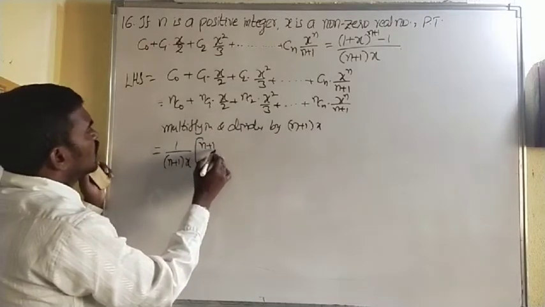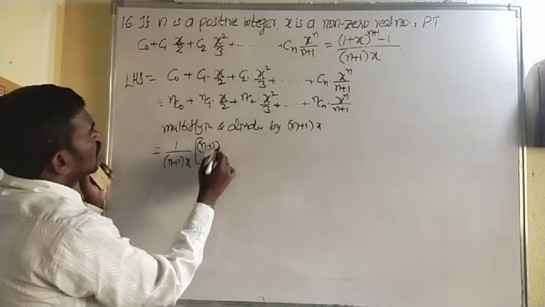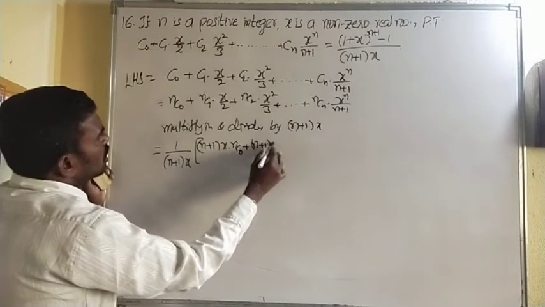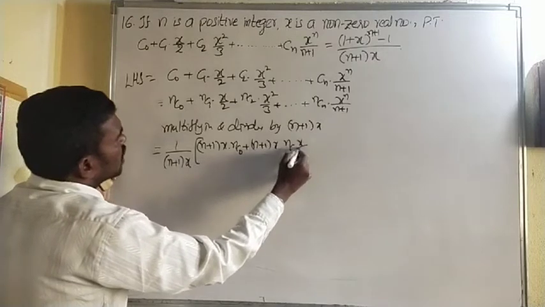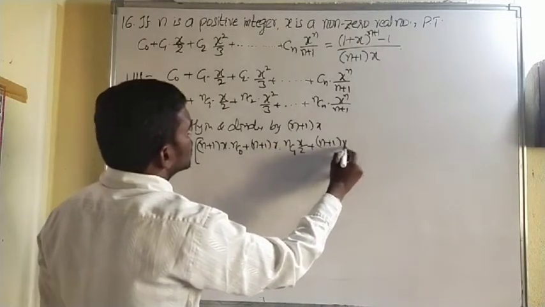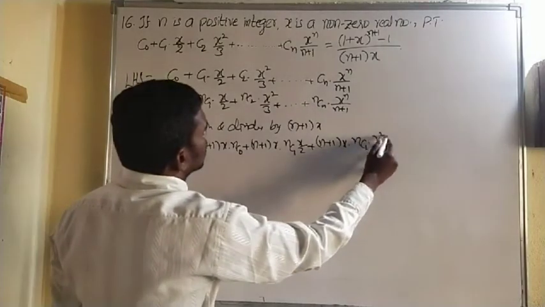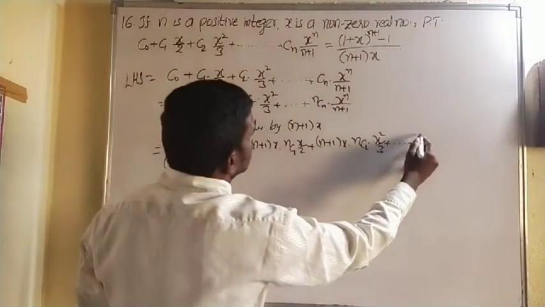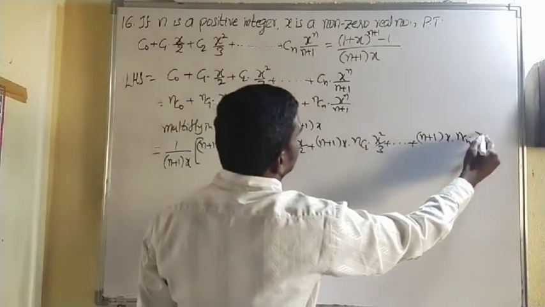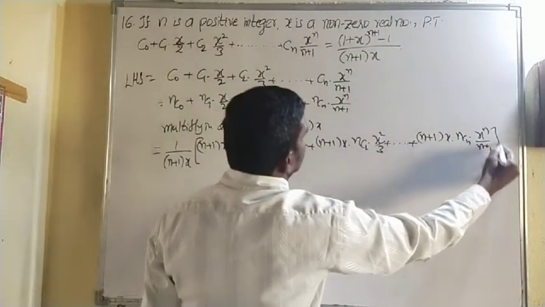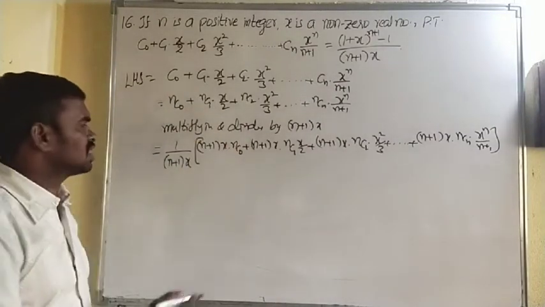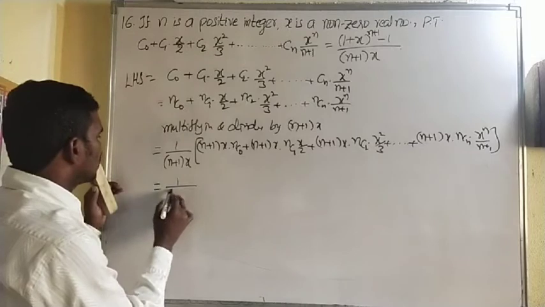So (n plus 1) into x into nC0, plus (n plus 1) into x into nC1 x by 2, plus (n plus 1) into x into nC2 into x square by 3, plus so on, plus (n plus 1) into x into nCn into x power n by n plus 1. I just multiplied with (n plus 1)x and divided with (n plus 1)x, so the 1 by (n plus 1)x is kept as it is.